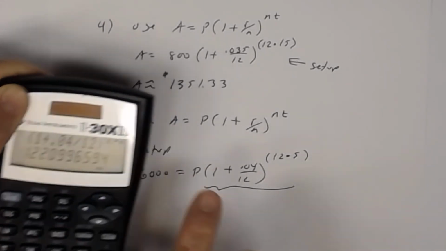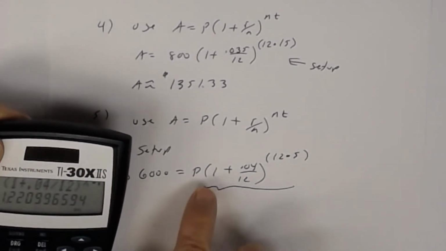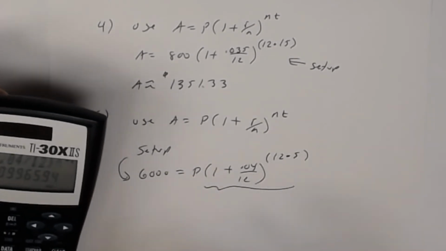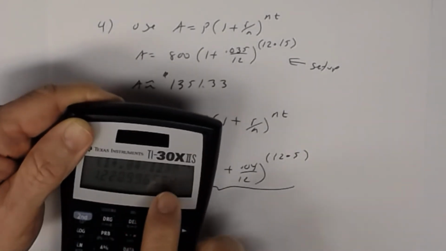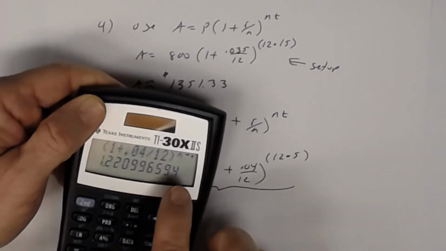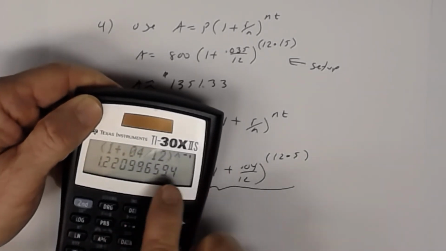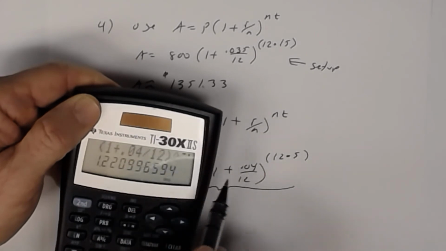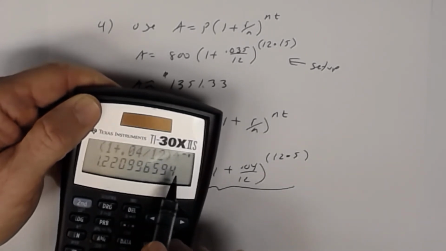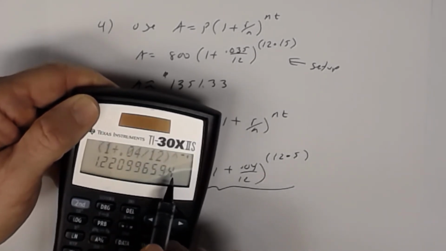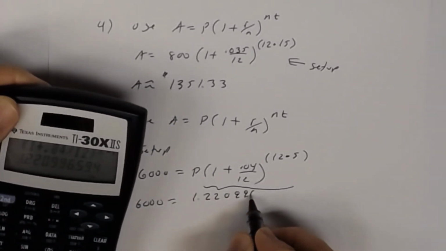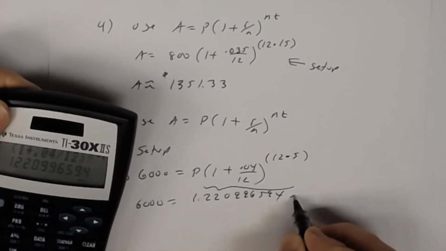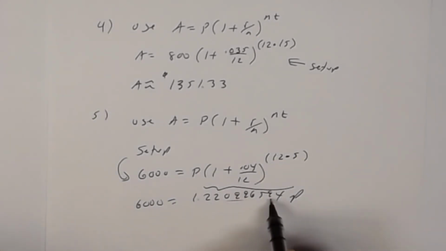The more digits you have, the better your approximation for P. We've discussed that in those lessons. So what I'm going to do is say 6,000 equals, and I'm just going to write all of these digits that I see. Now remember it continues on, but this is as far as I can see. So 1.220996594 P. So this right here is this set of digits times P.